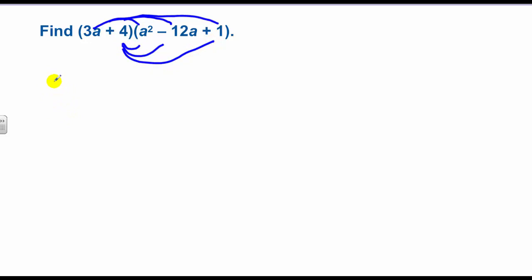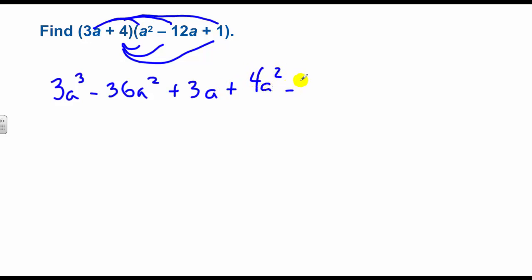So in this sense, I get 3a cubed minus 36a squared plus 3a plus 4a squared minus 48a plus 4. And then I have to combine all my like terms.